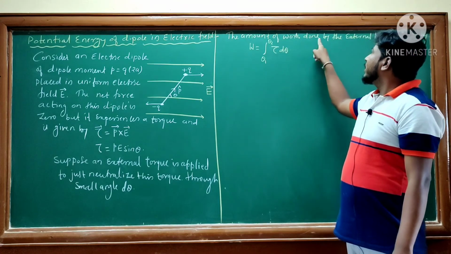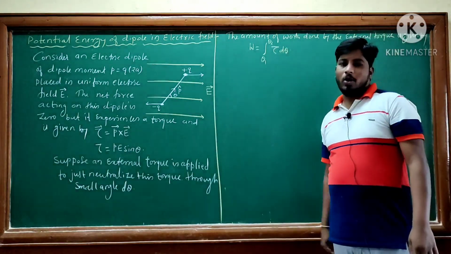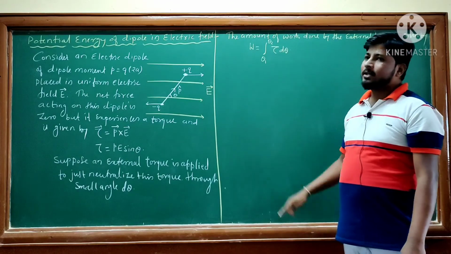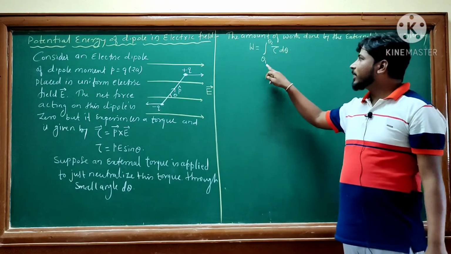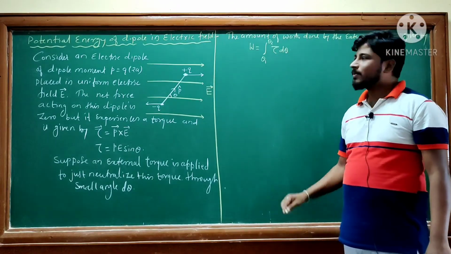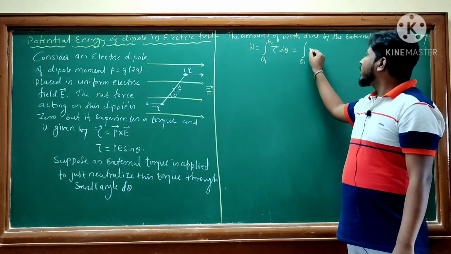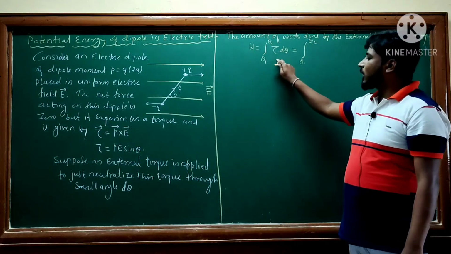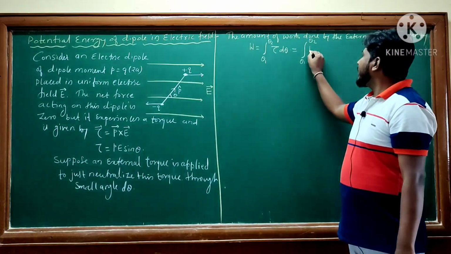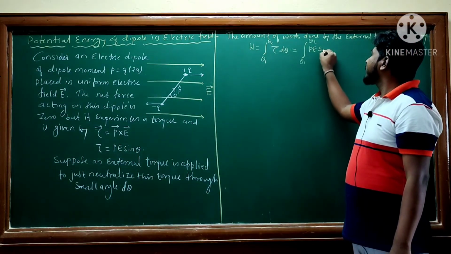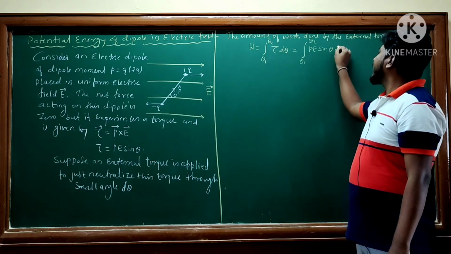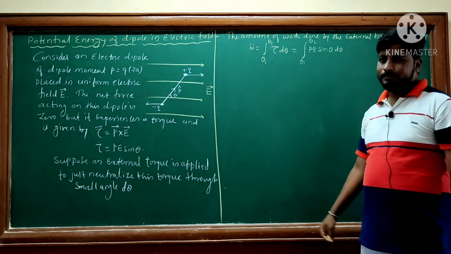The amount of work done to neutralize this through a small angle d theta, where the angle varies from theta 1 to theta 2. We know that tau is PE sin theta, so W is the integral of PE sin theta d theta.